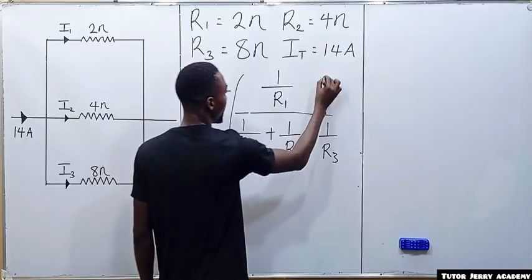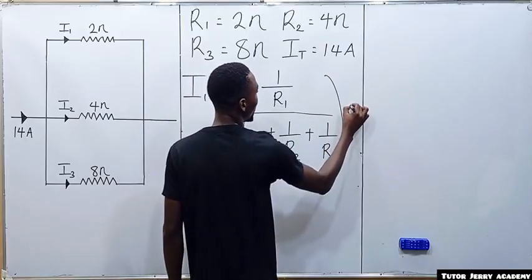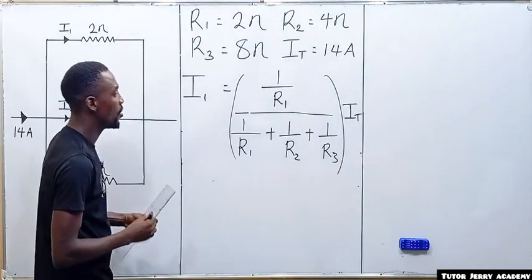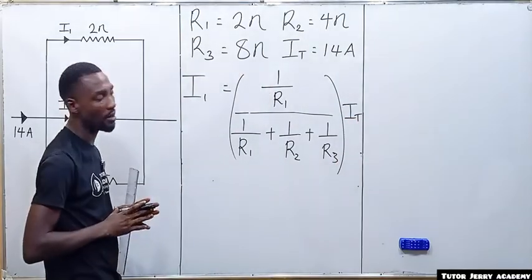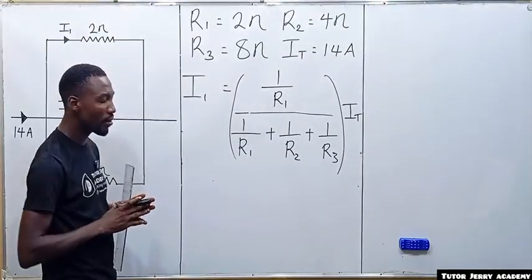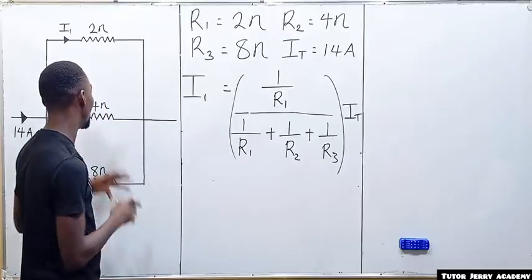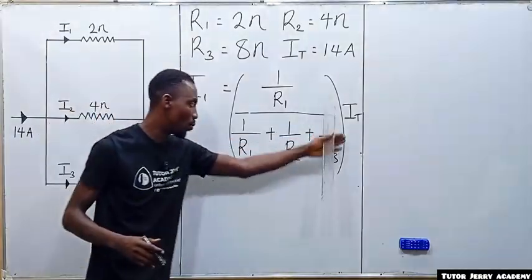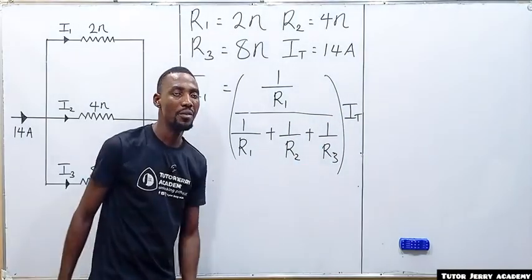Then we multiply this by the total current that enters into it. I hope you understand. This is a direct method of solving current divider rule that involves 3 resistors. If we have 4 resistors, just add plus 1 all over R4. All right.